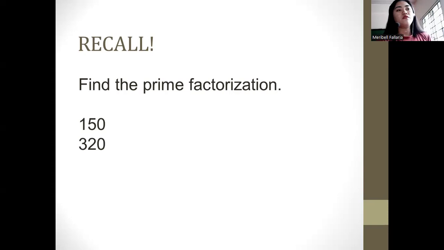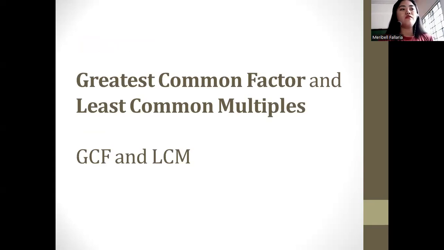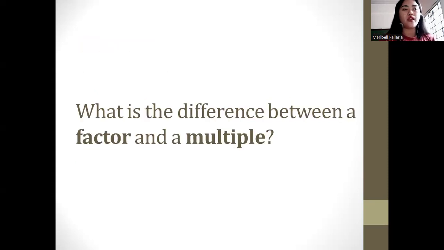Okay, thank you. So for now, let's move on to our next topic, which is the greatest common factor and least common multiple. First, let's have the greatest common factor. What is the difference between a factor and a multiple? A factor is a number which divides a given number exactly without any remainder.